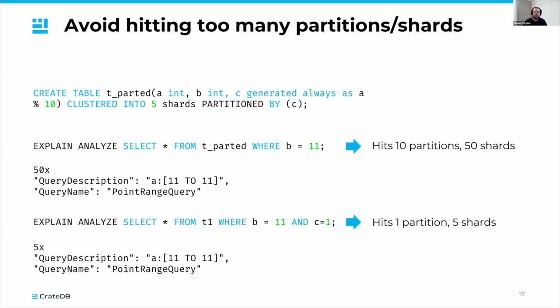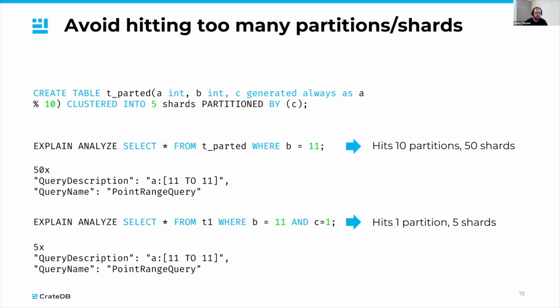Again, continuing from the partitioning and sharding, it's important, as we said, when you have a partitioned table, to try to exploit that and not let your query hit all the partitions of the table, but rather try to filter on the partition column to make use of the partitioning scheme and hit just a portion of the whole table.